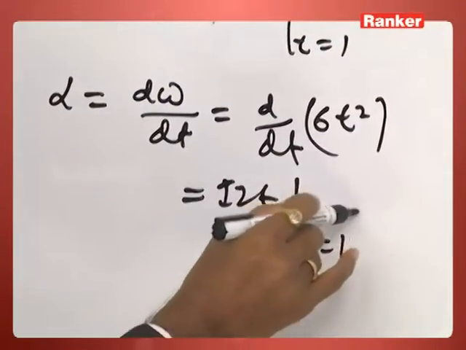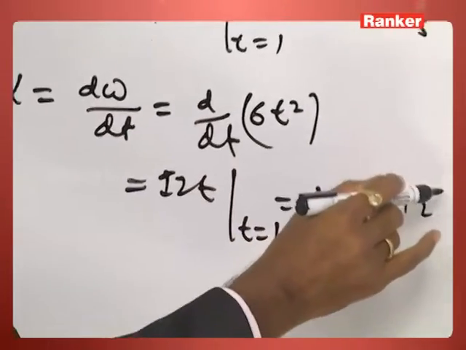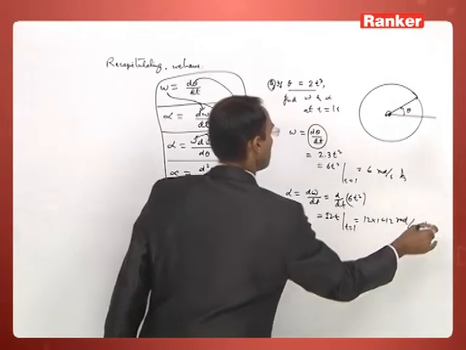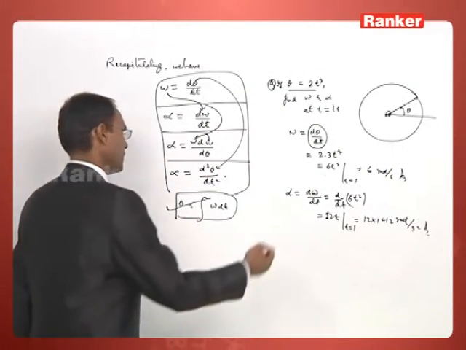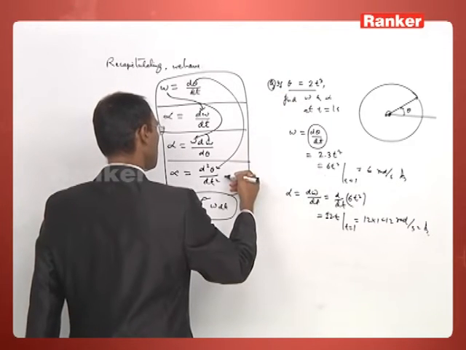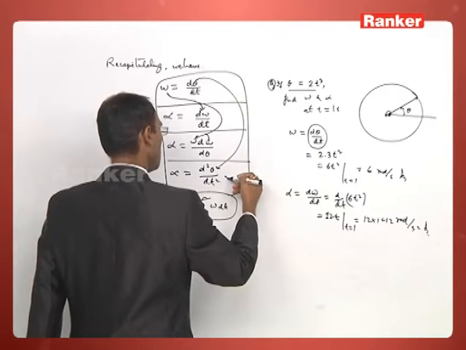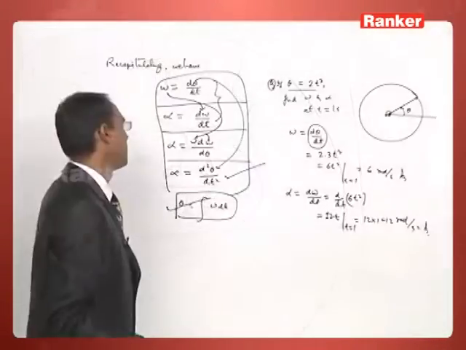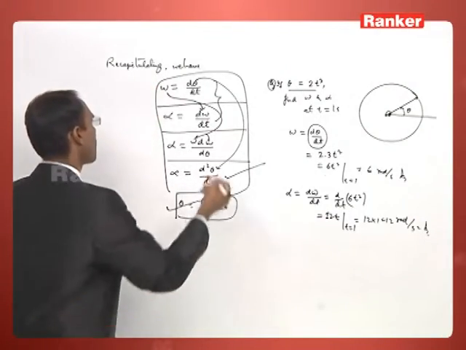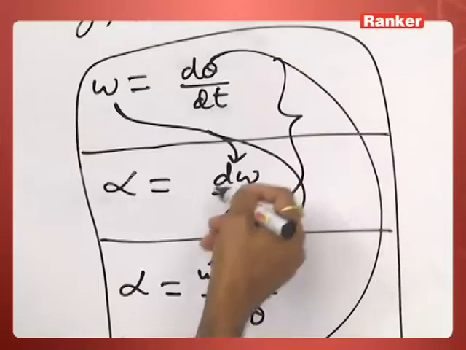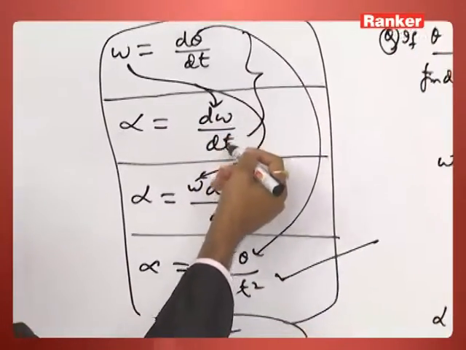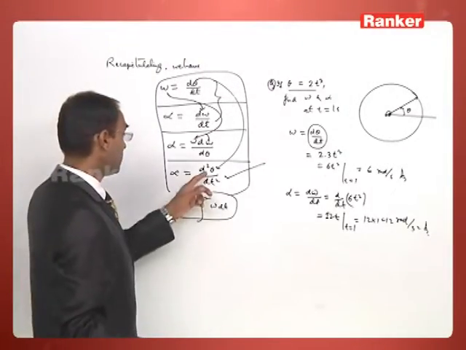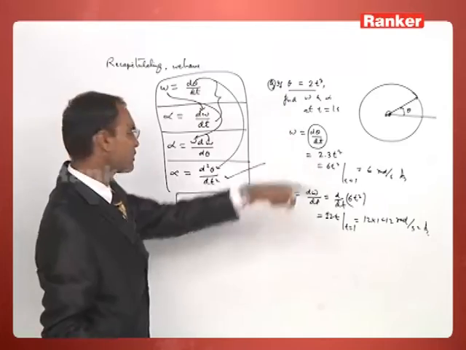At time t is equal to 1, 12 into 1, that is 12 radian per second square, answer. So, this example utilizes these two formulae, because putting omega is equal to d theta by dt in the second formula, alpha is equal to d omega by dt, we got alpha is equal to d square theta by dt square. So, you are differentiating theta 2 times with respect to time.